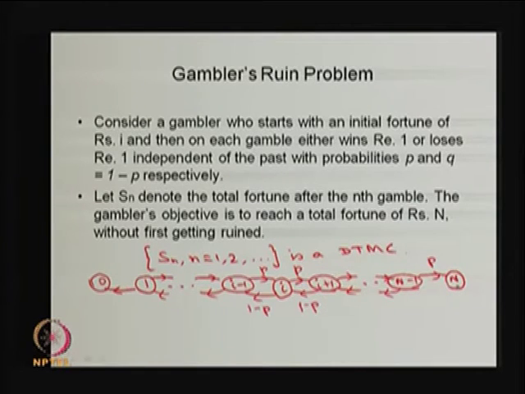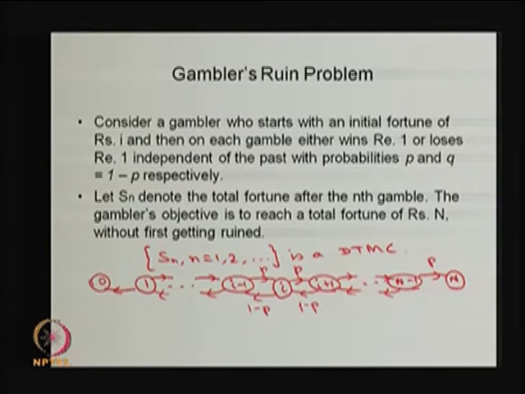Once the system reaches the state capital N, then the system is absorbed in the state N. Therefore, the states 0 and N are absorbing states, and all other states, from 1 to N minus 1, are going to be the transient states. Therefore, this DTMC is a reducible DTMC with transient states and 2 absorbing states. So, this will fall under the second type, the one we have discussed.